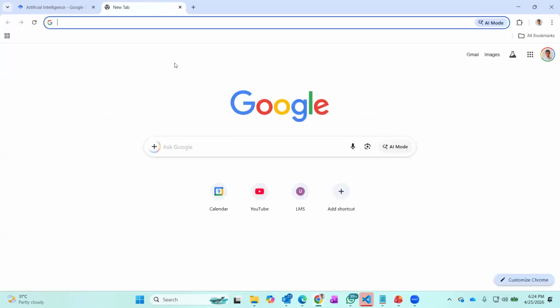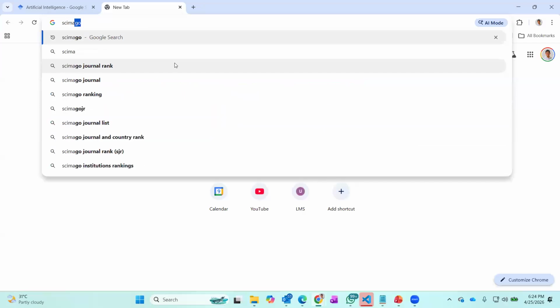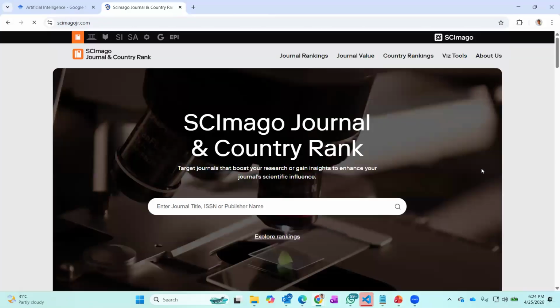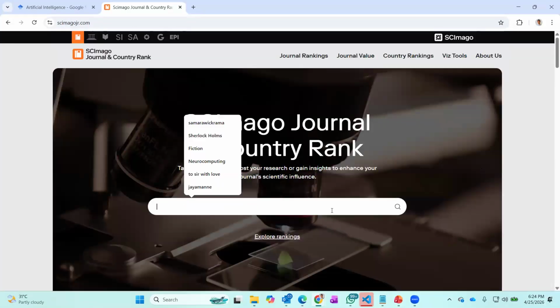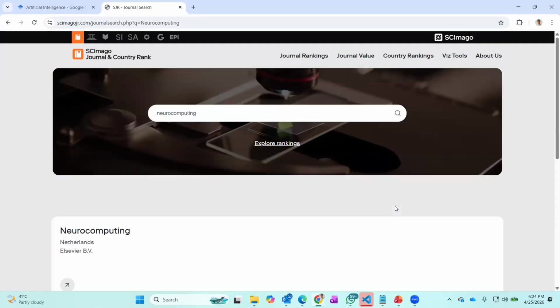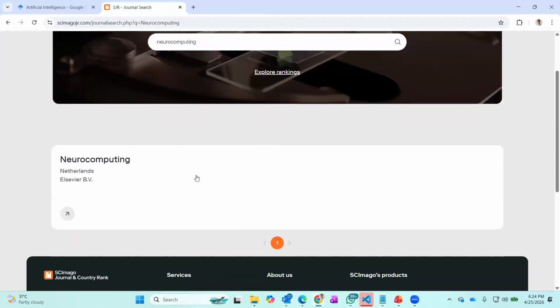Then let's go to SCImago. You go there, and to see whether your journal is good or bad, you can search for it. I will search for Neurocomputing, because we have several papers there. You have to verify that it is the same journal that you are looking for.